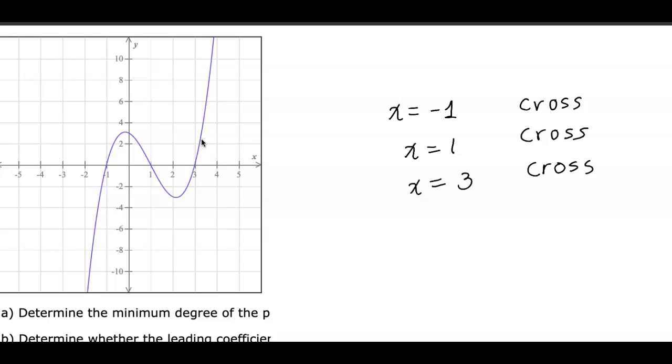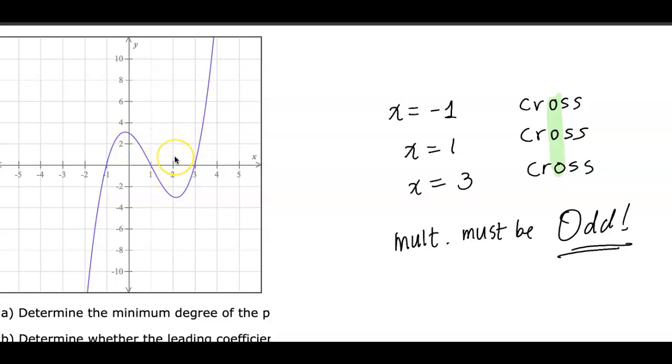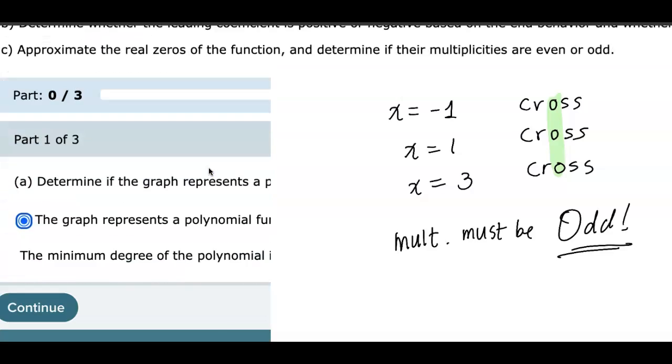Crossing at an x-intercept means the multiplicity must be odd, because if the multiplicity were even, the graph would have bounced or just simply touched. So I'll go and tell them that down in part C.